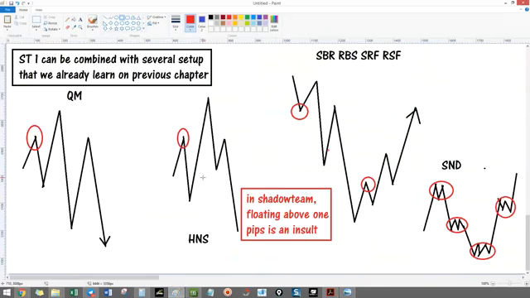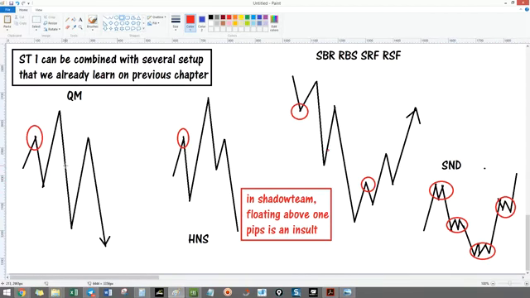Okay, look over here. We need a QM, we need the HNS, we need the SBR, RBS, SRF, and RSF. And the SND zone rally base drop, drop base drop, drop base rally, base rally. We need the setup.